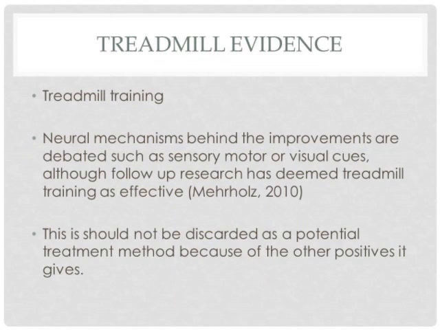Treadmill training involves several sessions daily, up to 4, which are believed to provide external cues for the participant. Neural mechanisms behind the improvements are debated, such as sensory motor or visual cues, although follow-up research has deemed treadmill training as effective.